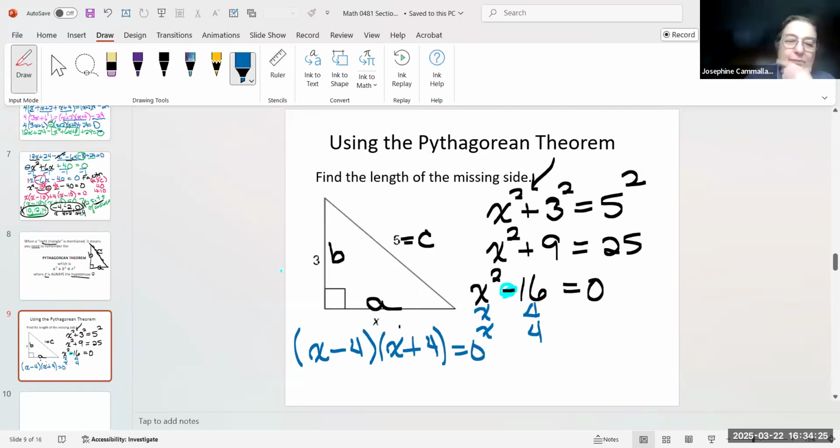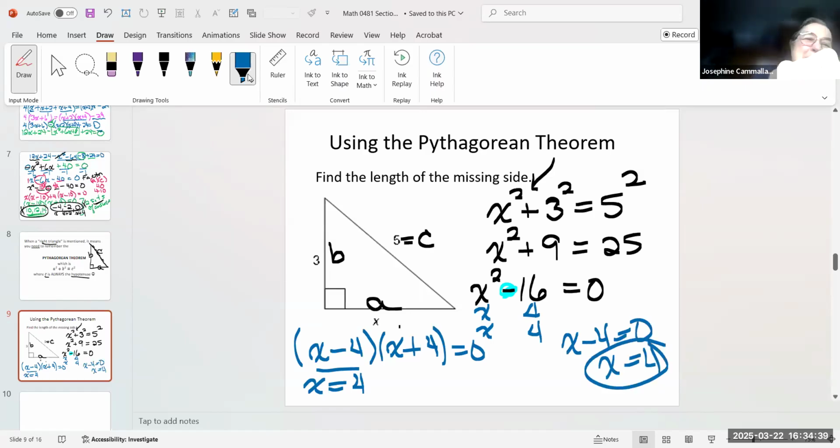Now this is a triangle, okay? This is going to give me a positive 4, because when I take x minus 4 and set it equal to 0, I get a positive 4.